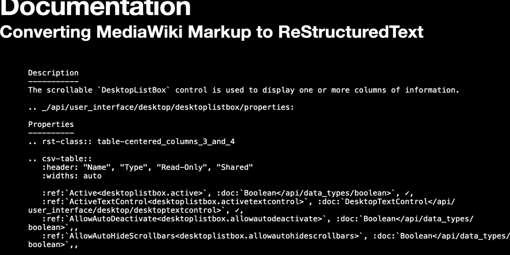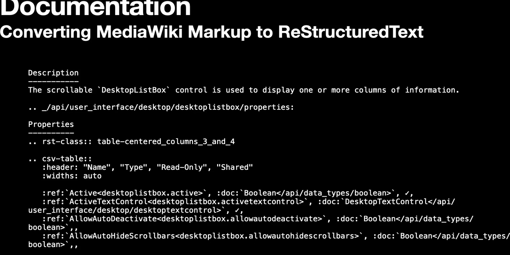So this value inside the less than greater than brackets has to be globally unique. And since our classes are globally unique, I just named them such that it's the name of the class, a dot, and the name of the class member. And this is the text that'll appear. So on this page, you would just see active, and then in the next column, you'd see Boolean, and then the check mark. Right? But this is what the markup looks like.